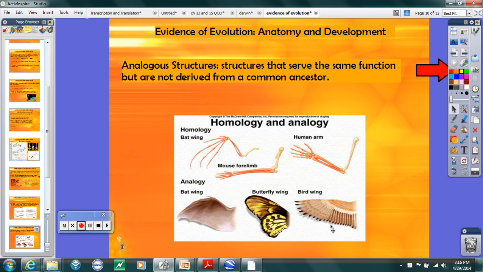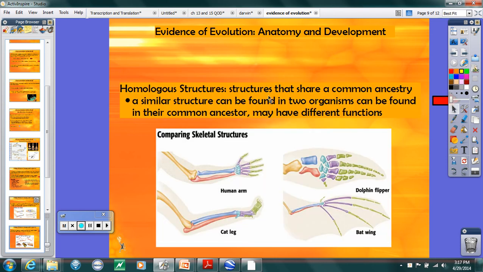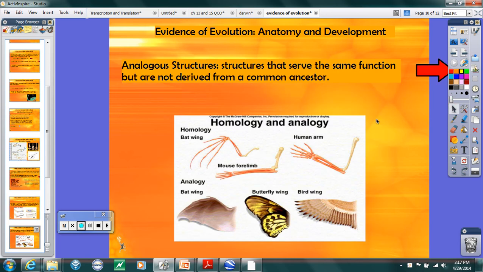They do the same thing. All three of these are used for flight, but bats, butterflies, and birds do not share any common ancestor. So that's the major difference here between homologous structures where they did share common ancestry, and analogous structures, where they have no common ancestor.